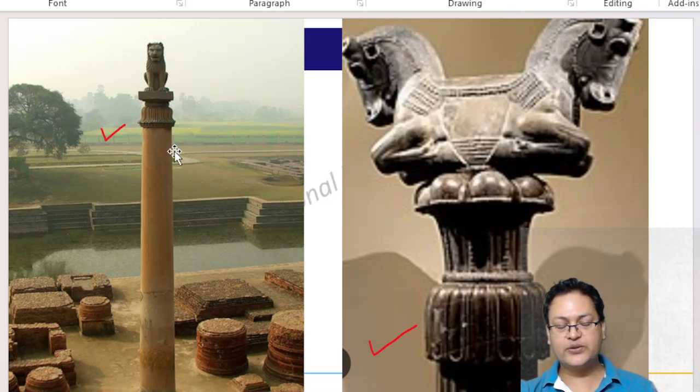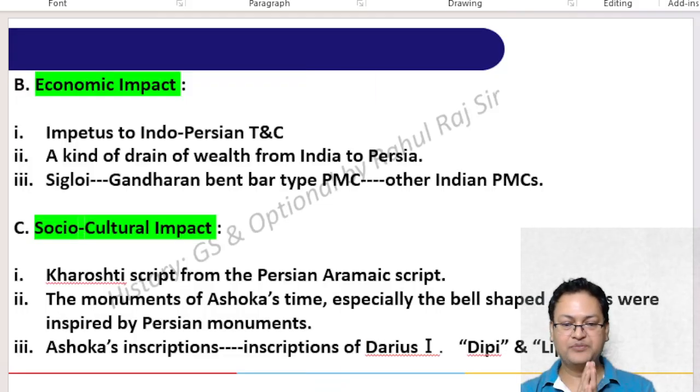So this is clearly an inspiration. There are a lot of differences between these two pillars, but there are some similarities also. The reign of Ashoka is roughly 250 years after the reign of Darius. So it's quite possible that Ashoka was influenced by Persian pillars.